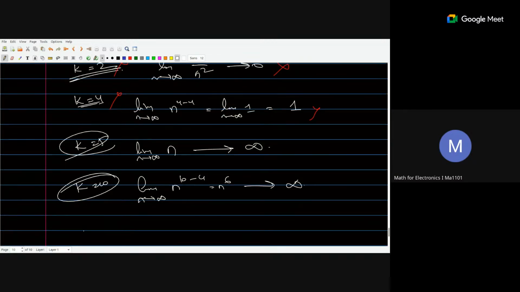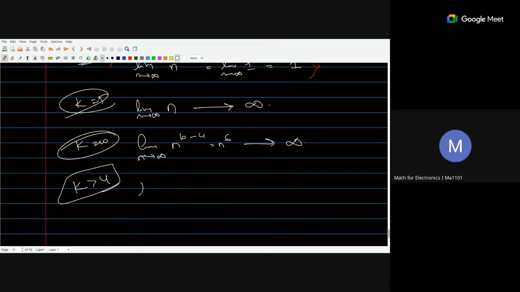So any k greater than 4 always gives infinity.